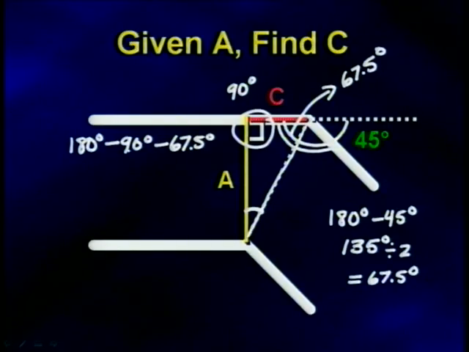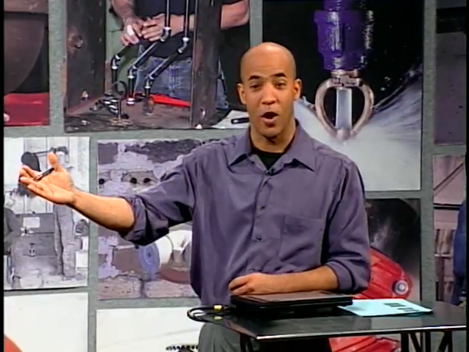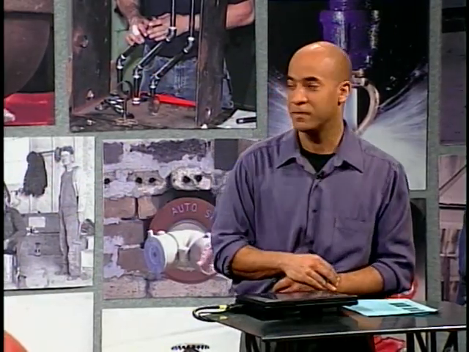So 180 minus 90 would be 90 degrees, minus 67.5 gives us 22.5 degrees, which is nice because we know a lot about 22.5-degree triangles already. That's one of the angles that's in our triangle multiplier table, so that'll make that easy.